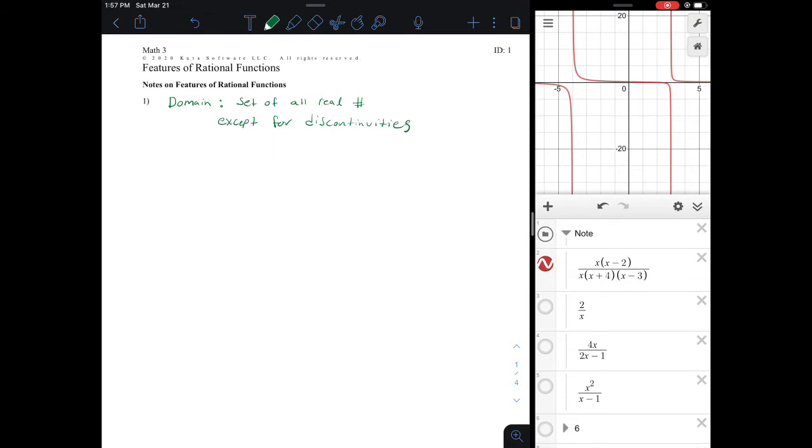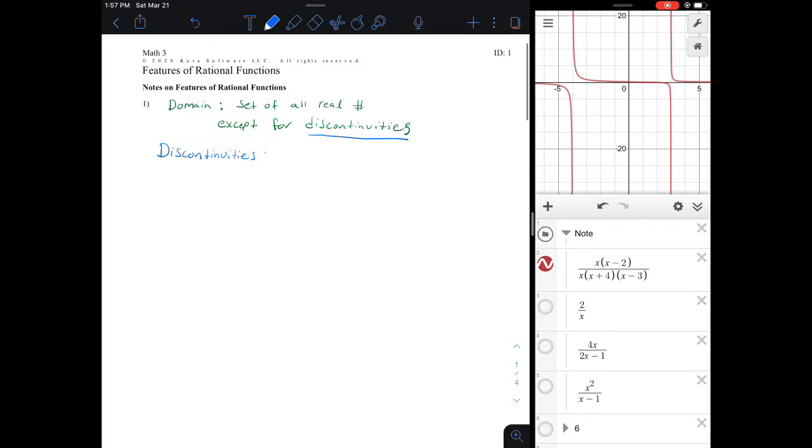When it comes to finding our domain, we actually have to figure out what the discontinuities are first. Discontinuities, when it comes to rational functions, are the values of x that make the denominator 0.